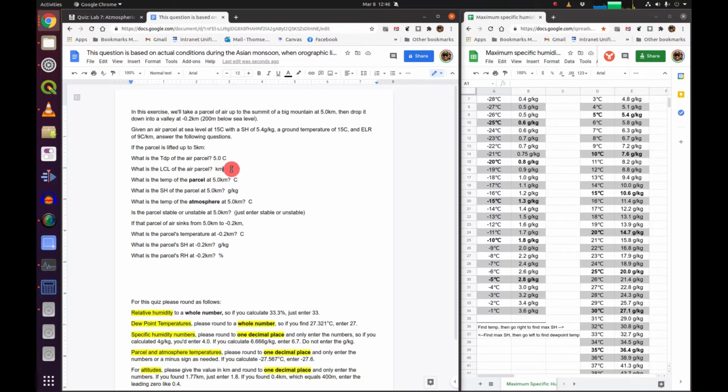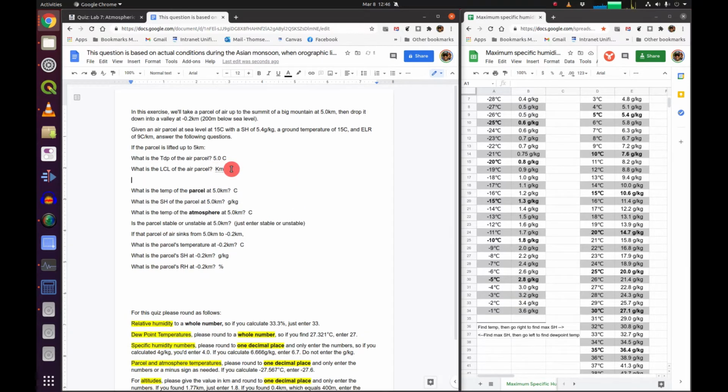What's the lifting condensation level? To find out how far we have to lift, it's temperature minus dew point temperature, divided by 10, because the dry adiabatic rate is 10 degrees of cooling per kilometer, and that'll tell us how many kilometers of lifting.